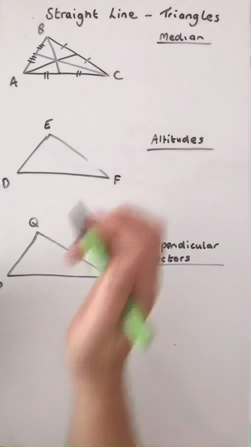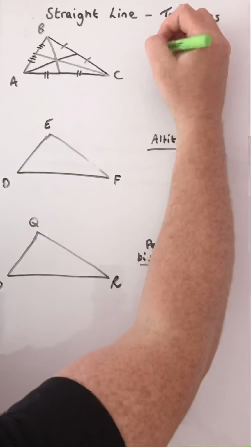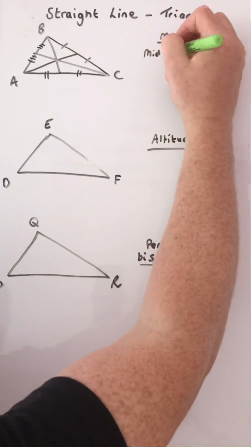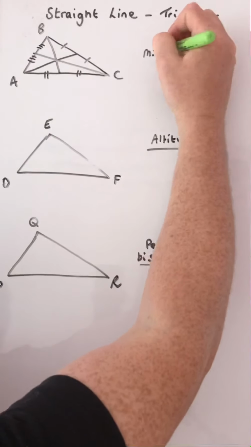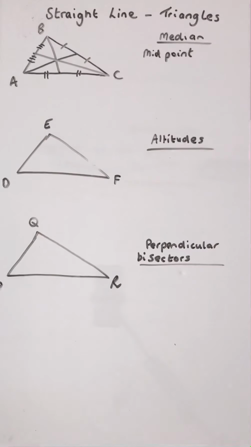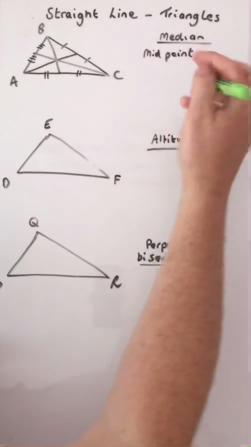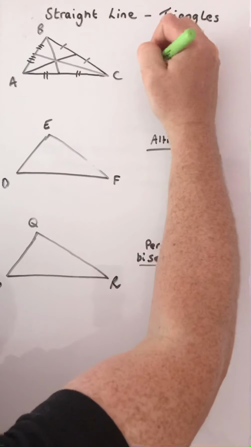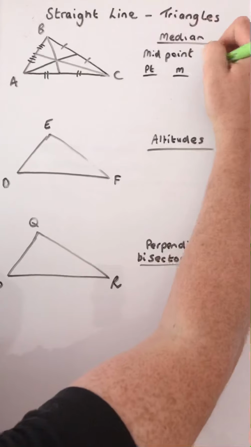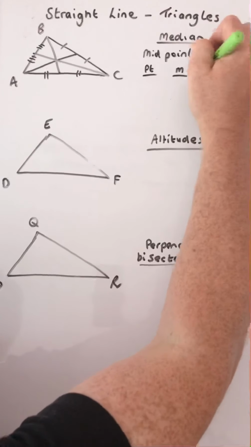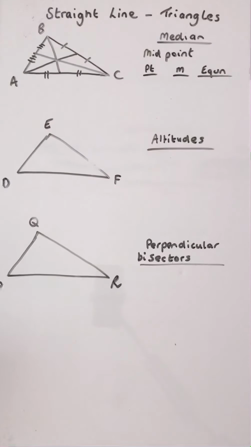What you need to know for the median: normally you're expected to calculate the midpoint and also the equation. So you've got your structure, your point, your gradient and your equation.